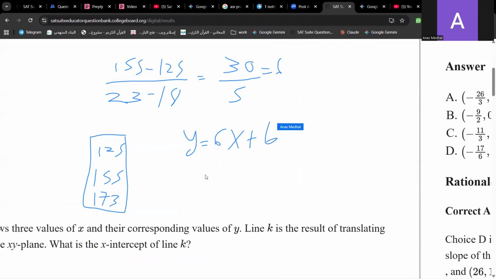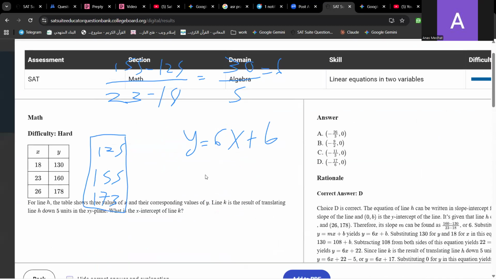Let's do the calculations again. 125 and 18 equals 6 times 18, which is 112.